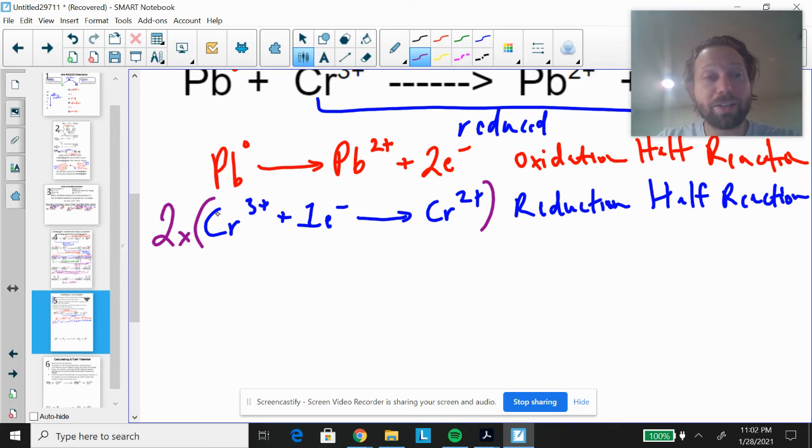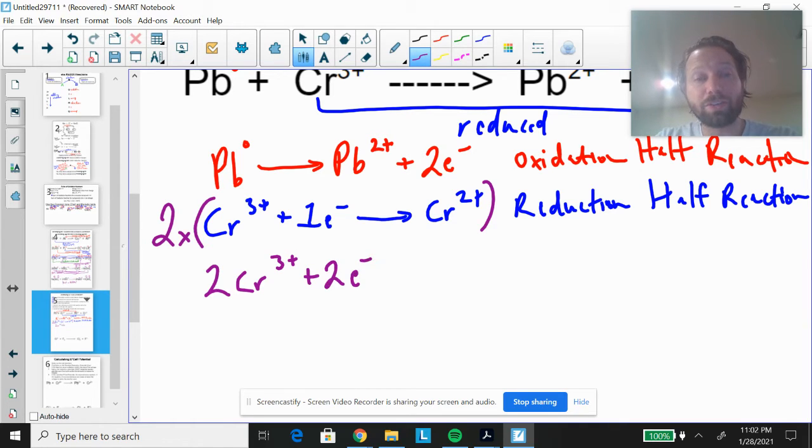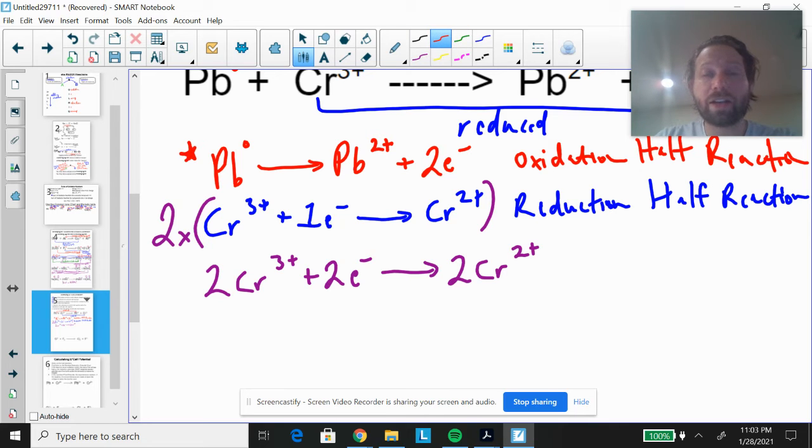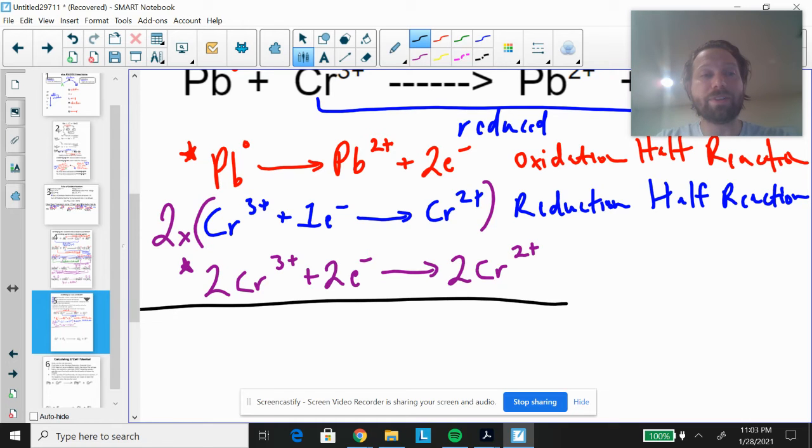So this new reaction is going to be 2 Cr3+ + 2 electrons yields 2 Cr2+. Okay, and now what we're going to do is take the oxidation half reaction and our new upgraded reduction half reaction, and we're going to add them together.